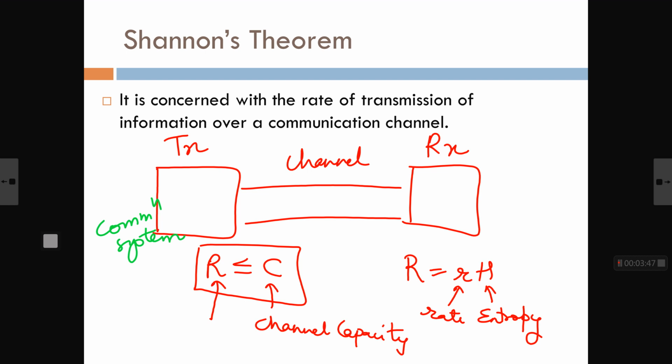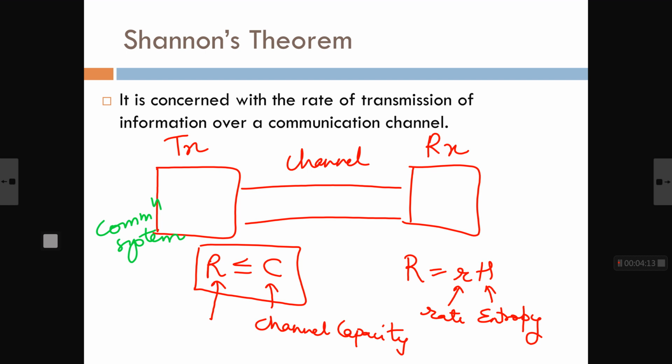But he just proposed this theorem and he did not show how it would be possible. We know from his theorem that it will be possible to transmit the information if at all R is less than or equal to C. But how the communication system will achieve this, that was not guaranteed by Shannon's theorem.